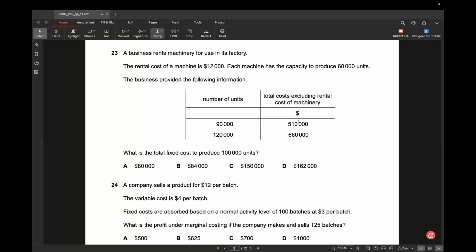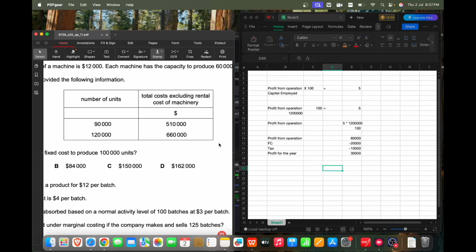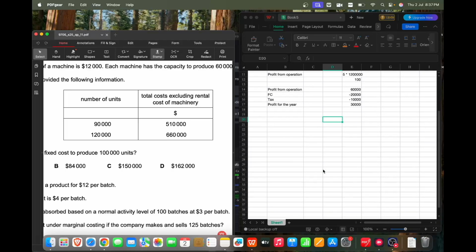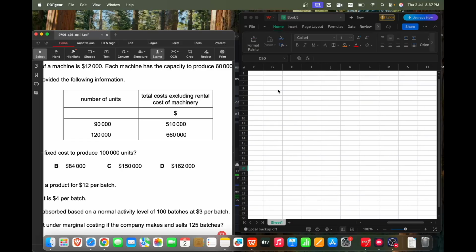So first we calculate how much fixed cost is included in this, and then add the rent of the machine to calculate the total fixed cost. And this is simple. First, we will look at how much variable cost is included in this production.